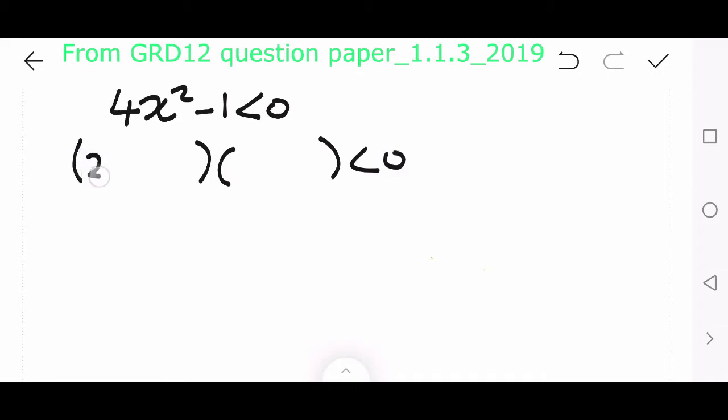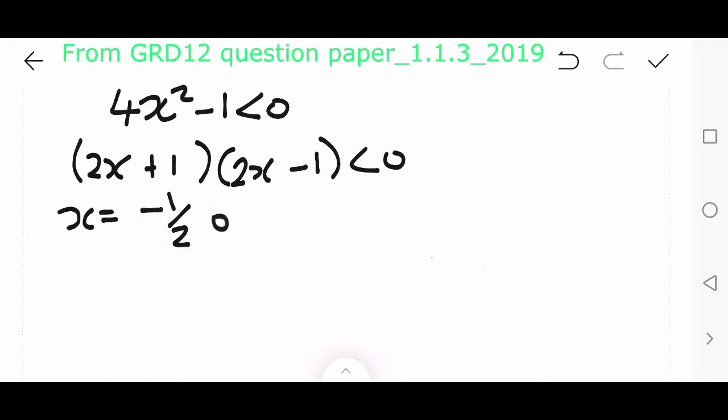So we have 2x plus 1 plus 1. So x equals minus 1 over 2, or x equals 1 over 2.